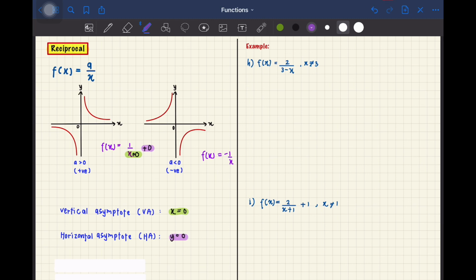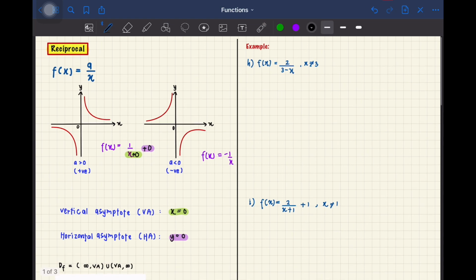Okay, so what about the domain and also the range? So kalau tengokkan kepada domain, so domain kita, it's gonna start from negative infinity sampai kita punya vertical asymptote. So dia akan stop and then disambung balik daripada vertical asymptote sampai positive infinity.